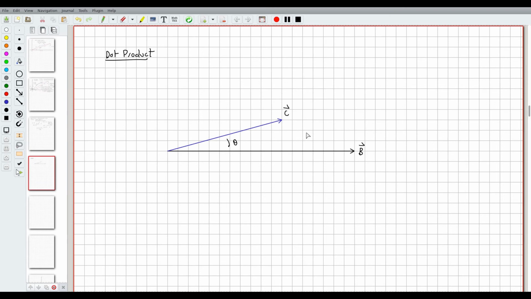So the dot product actually has a definition. It's written typically as B dot C, and that's the same thing in this particular case as C dot B. Two ways to write it would be the following.